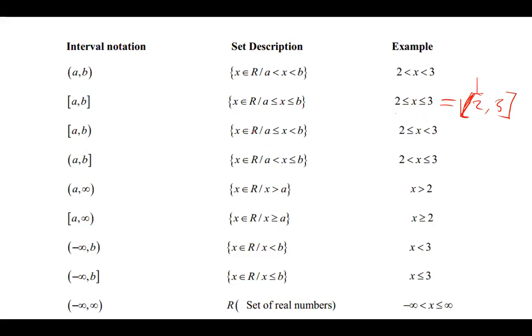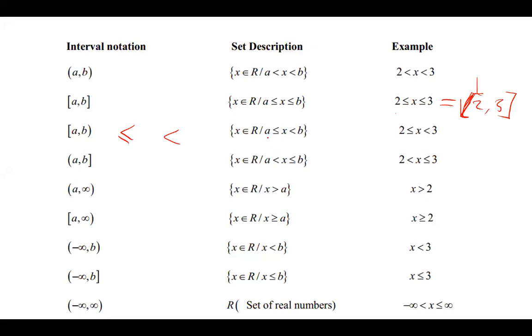So that is what it means. When we look at this one, A is part of the set because of the type of bracket at A, and B is not part of the set. So on A, we're going to use this. On B, we'll just use a less than symbol without including the equal sign.